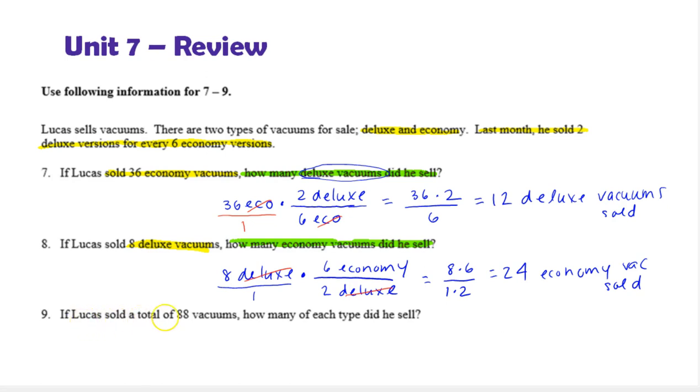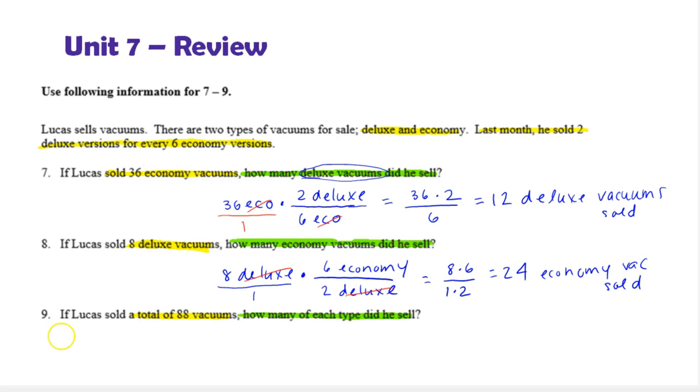If Lucas sold a total of 88 vacuums, they want to know how much of each type did he sell? So now for this one, they don't tell us anything about the total amount, but we can pick a type, either deluxe or economy, and then use the ratio. Let's use deluxe.